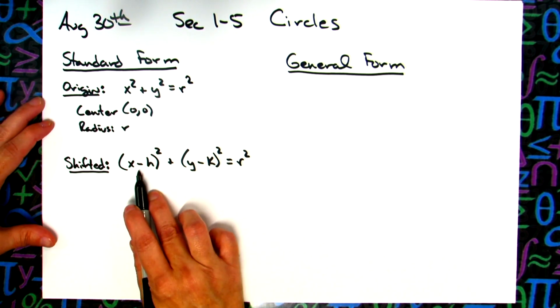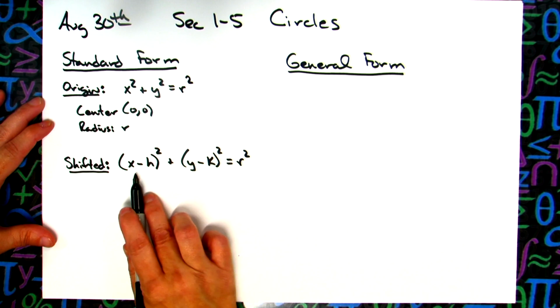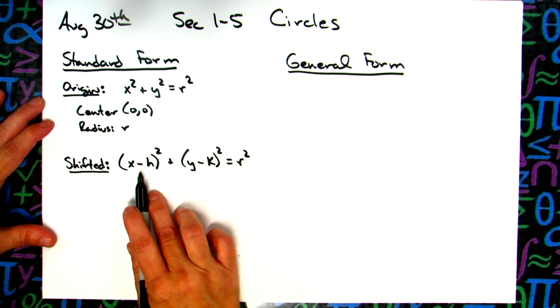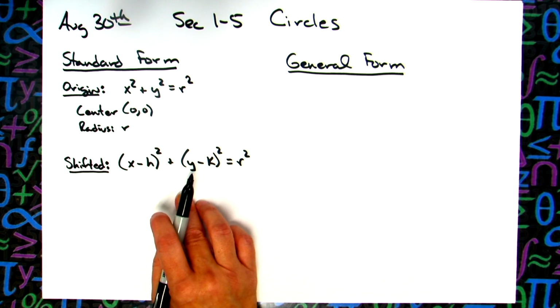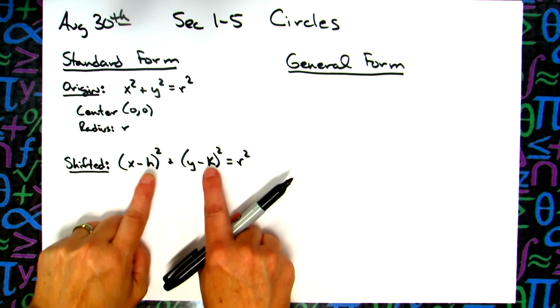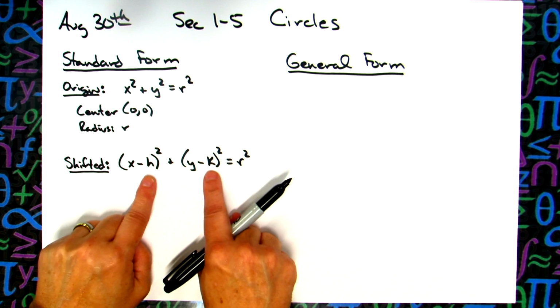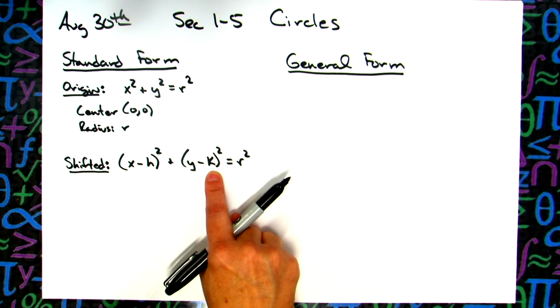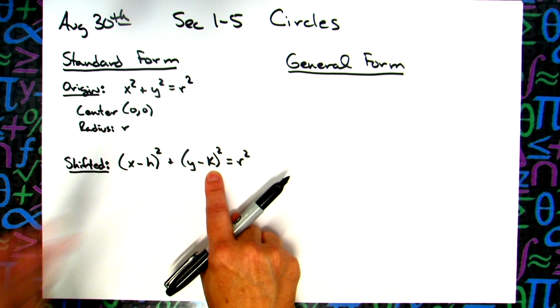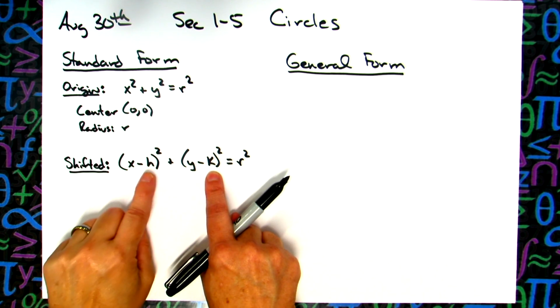Now, does the formula have minus signs in it? Yes. Anytime there's minus signs in the formula, one way to look at it is, when I pull the number out, I'm going to take the opposite of whatever it is. The h, when we shifted our other graphs, shifted left to right along the x-axis, so that will be my x-coordinate.